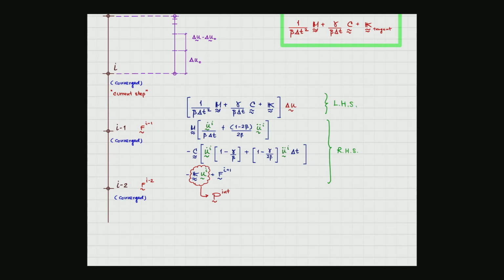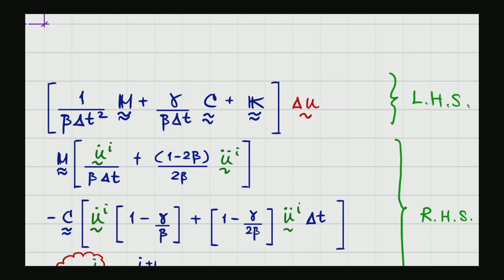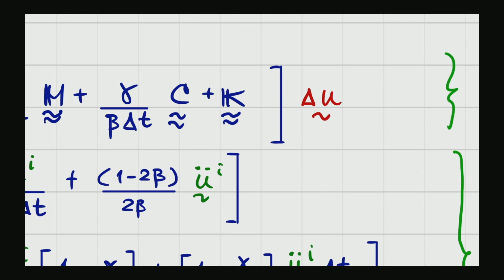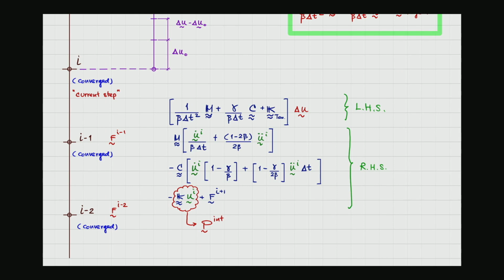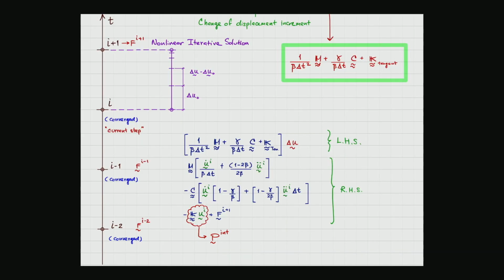So this is represented correctly by the P internal. The K will be substituted by the K tangent stiffness, which is evaluated from the current U values. Okay, so residual comes from this.